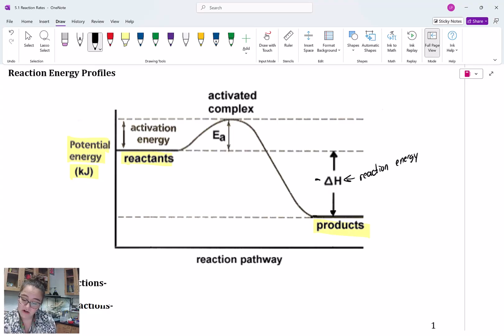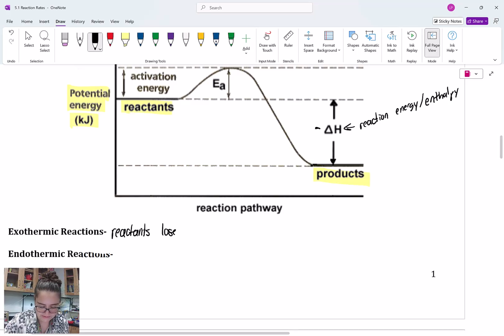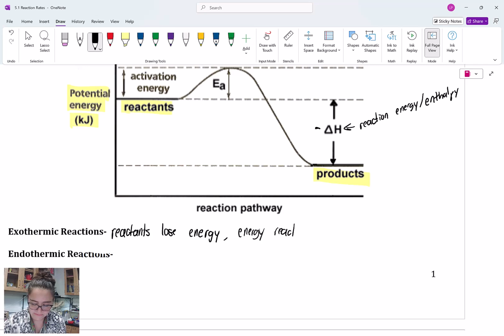Or sometimes you'll see it called reaction enthalpy, which is just the chemistry word for heat energy, okay? Now, in this one, the reactants have more energy, and that makes it an exothermic reaction. So reactants lose energy, okay? The energy of the reactants is higher than the energy of the products. Okay, we have that negative delta H.